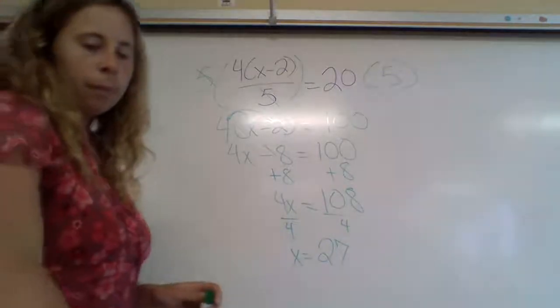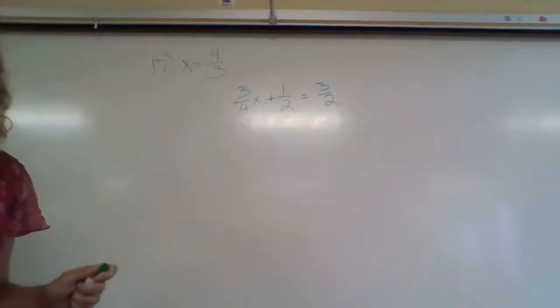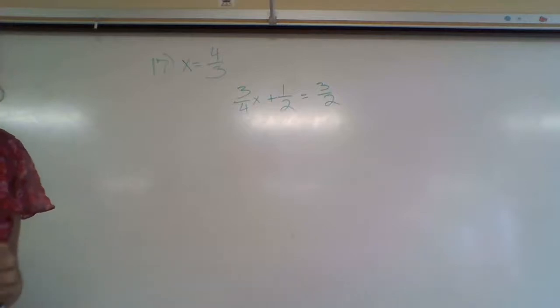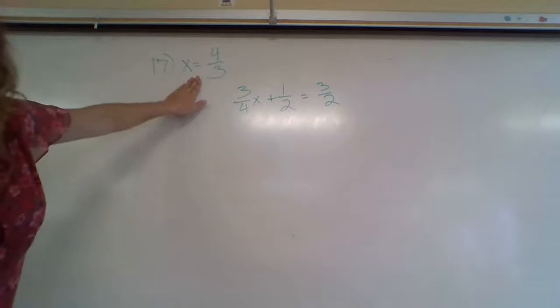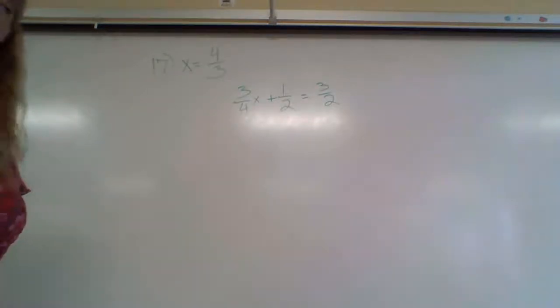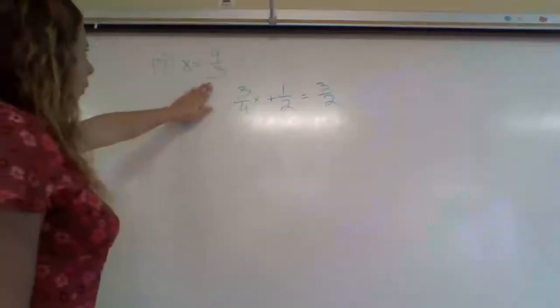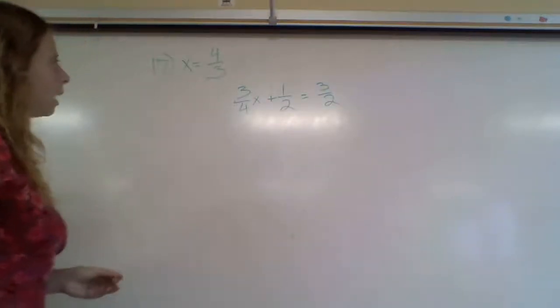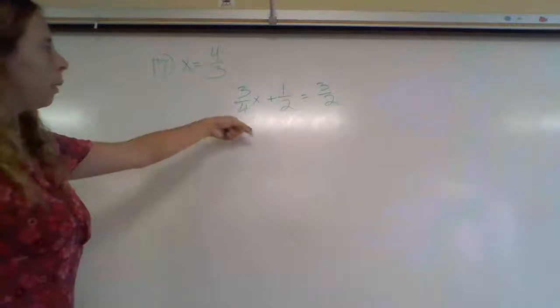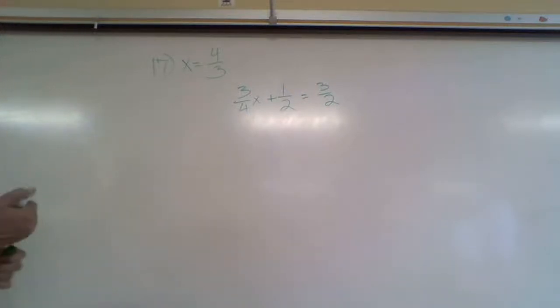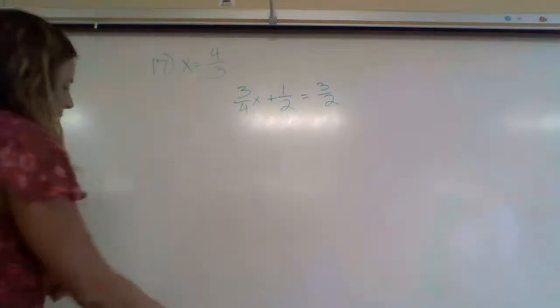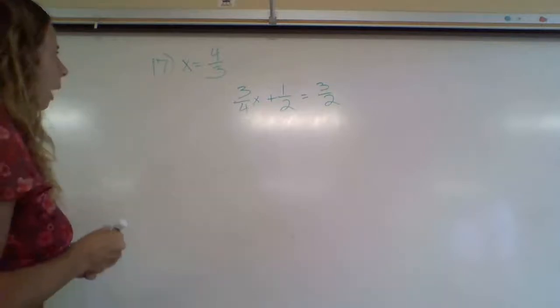Okay. There we go. Okay, for 16 through 21, it says indicate whether the given value is a solution to the corresponding equation. Show your work. So this is number 17. So they give me x equals 4/3. And so is that a solution to this equation? So you just take whatever x value they give you and substitute it in.